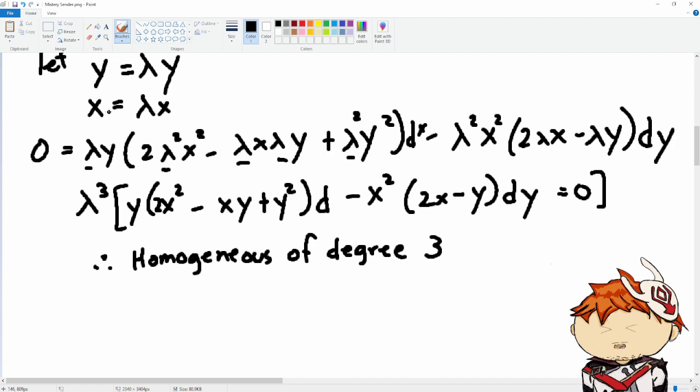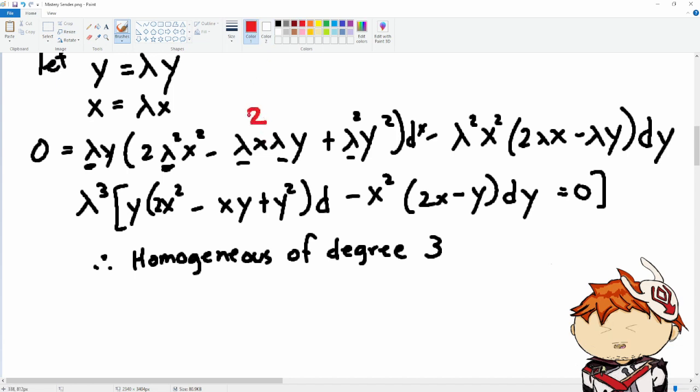You basically substitute your y with lambda y, x with lambda x, and you separate it like a coefficient, right? So this becomes lambda squared, lambda squared times lambda is lambda cube. And every term will have a lambda cube if it's homogeneous. Let's check.